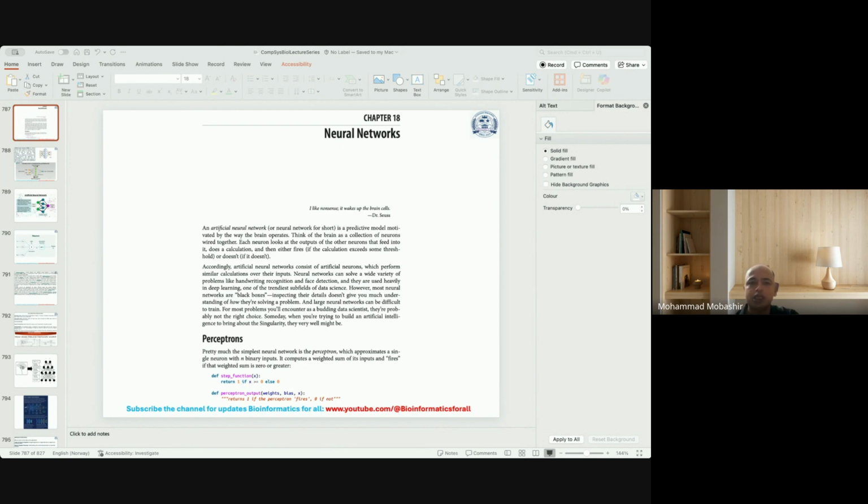Computational intensity: training deep neural networks requires significant computational power, often necessitating high-performance hardware. Now, these are the layers of the artificial neural network: input layer, hidden layer, output layer, and the same thing is represented here, showing how it mimics the human brain.